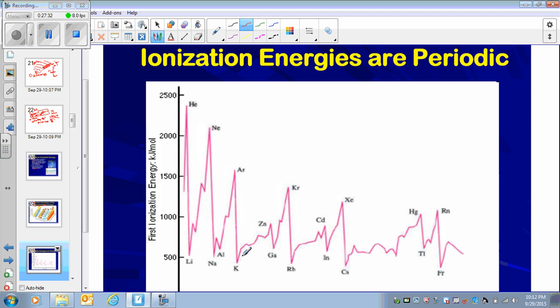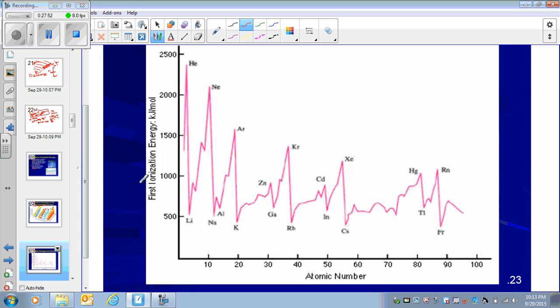Going the other way around, it remains the same. So sometimes it remains the same, and across the period it increases, and going down the group it decreases. So you have helium, and then you have lithium. So you can look at it. Most of the time you are given this graph to understand the ionization energy.